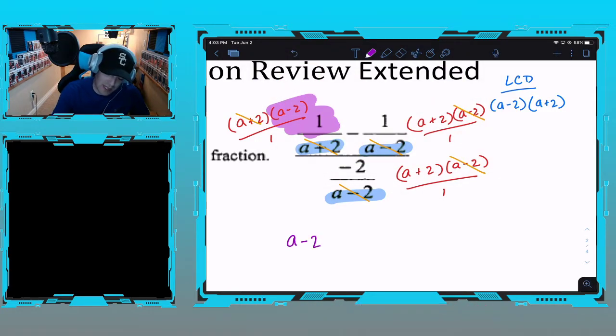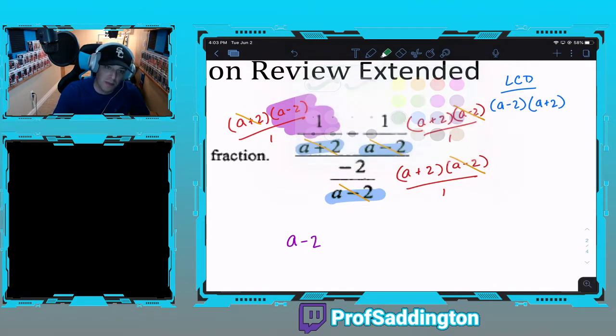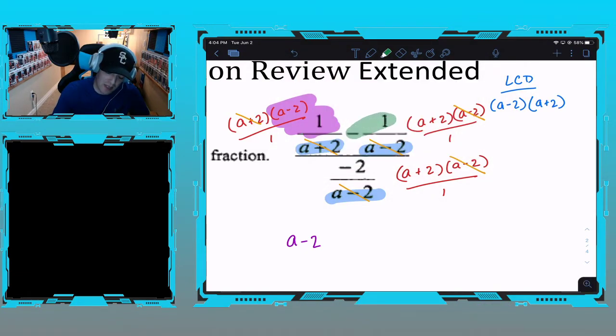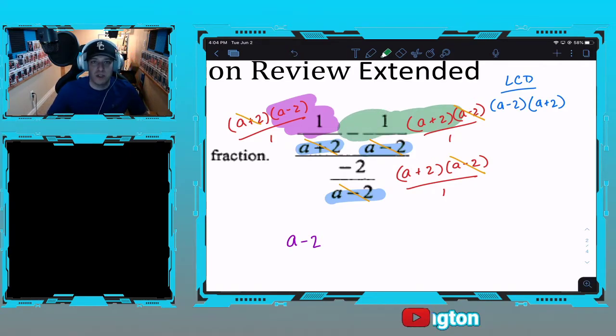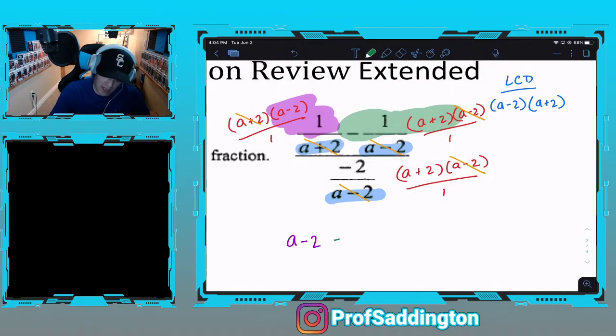If I go to multiply the next one together, be careful here because this is minus 1 times a plus 2 because it was subtraction. So I have to make sure I'm distributing the negative 1 into the a and that 2. So negative 1 times a will be negative a, and negative 1 times a positive 2 is negative 2.